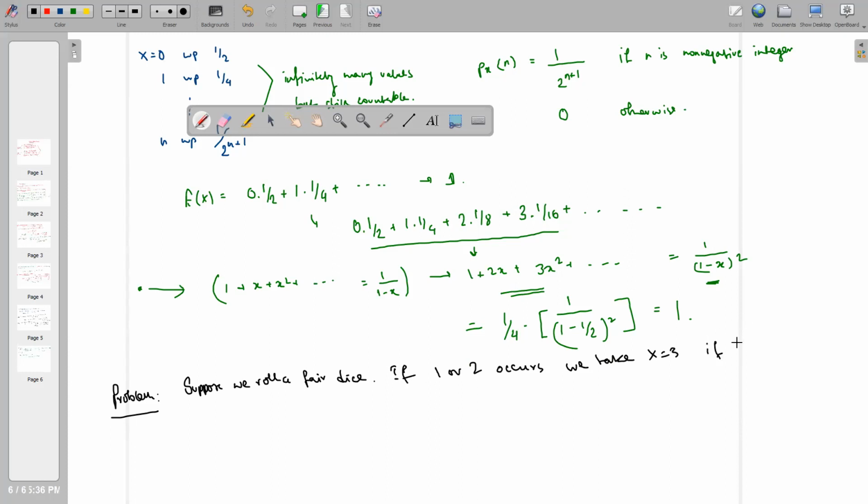If 3 or 4, then we take x equals 4, and 5 or 6, then we take x equals 5. Say 10, not 5, say 10. So what would be the expectation now? So I define my random variable like this. So I need to find expectation of x.